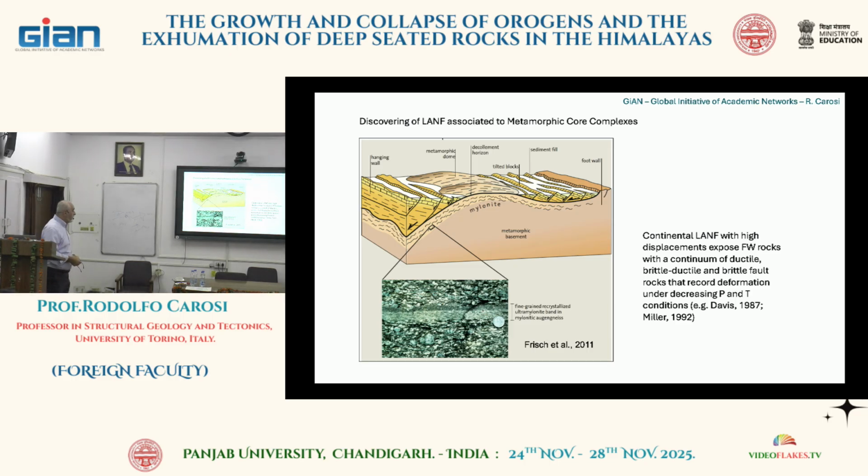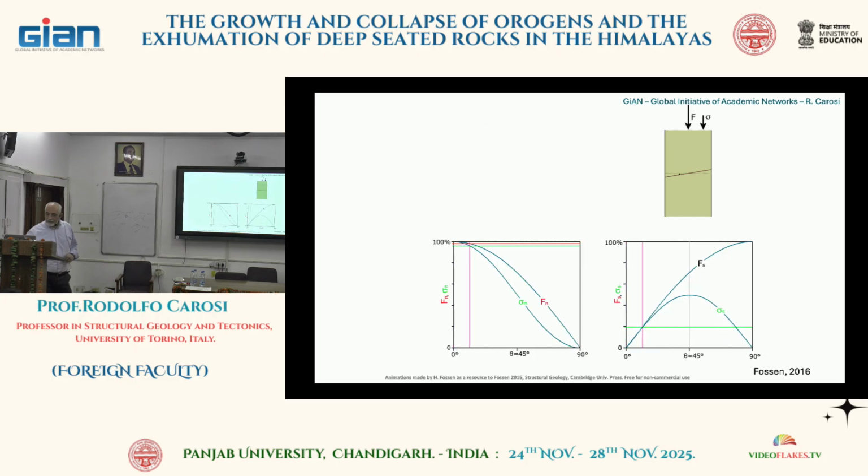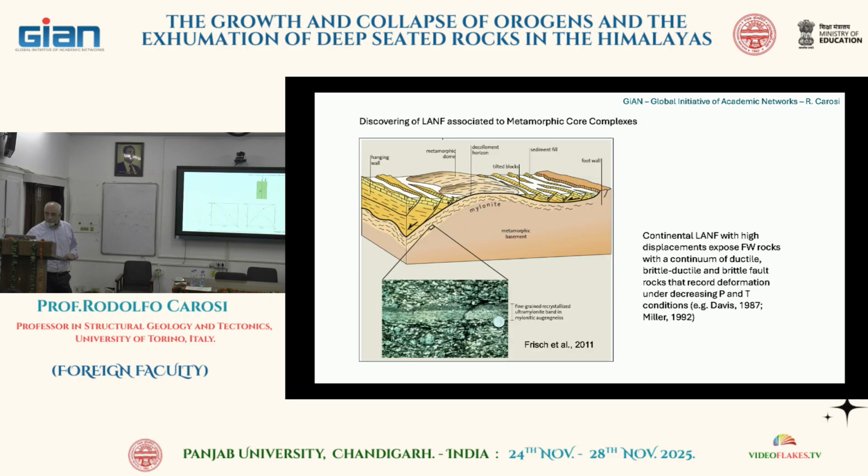Okay, and when we deal with a low angle normal fault, we mean that we have a fault dipping 10 degrees or 20 degrees, in a very flat attitude. With a very flat attitude, you are in a situation like this, where shear stress is too low and normal stress is too high. So from a mechanical point of view, it is almost impossible to have a slip along a low angle normal fault.